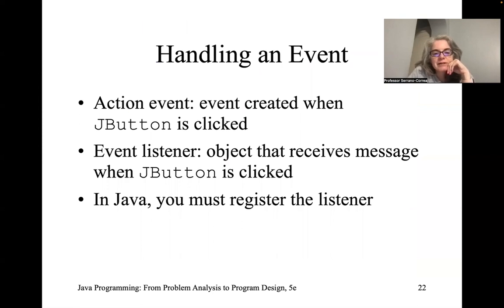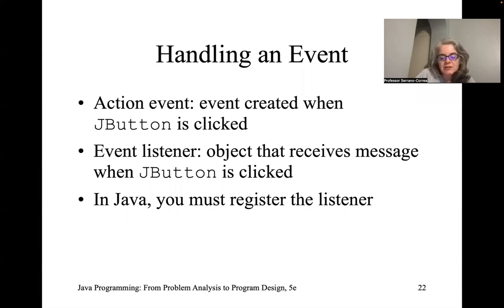So when JButton is clicked, an event happens. Event listener: an object that receives messages when JButton is clicked. So we're going to create an event listener, and the event listener is going to wait. And once that button is clicked, then it will know, and then we'll decide what to do.